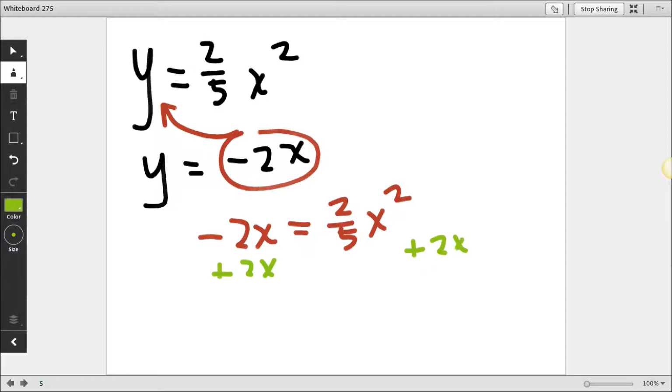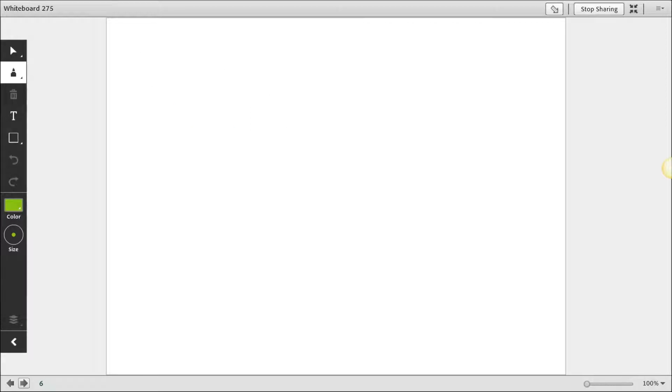Now where this one is different is we end up with a quadratic like this, where you just have two terms. This one's actually going to be a little bit easier to solve. So when I factor this one, and I'm going to go to the next screen, and make sure it was plus.